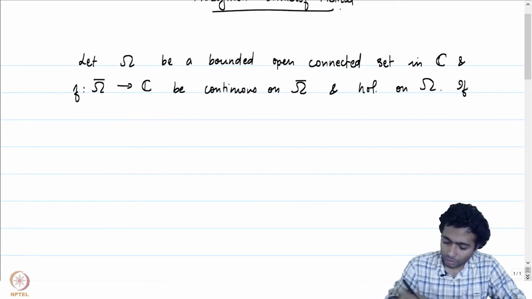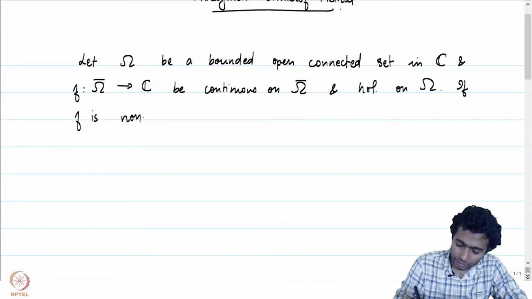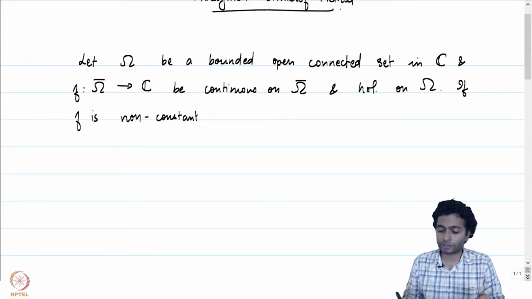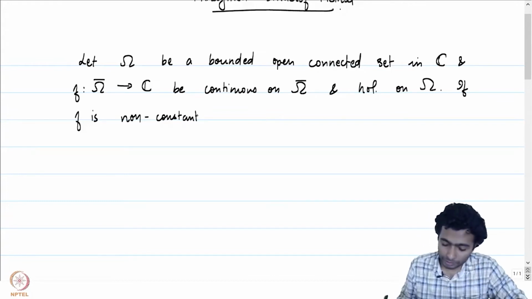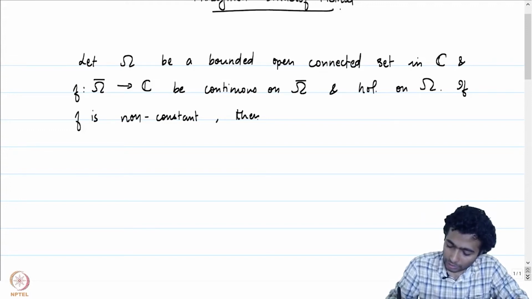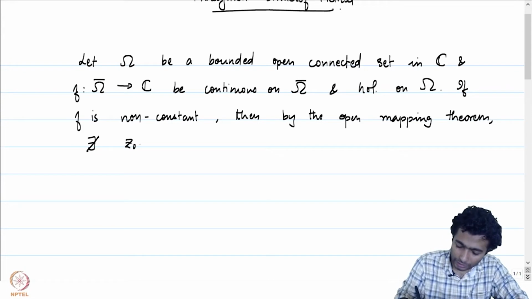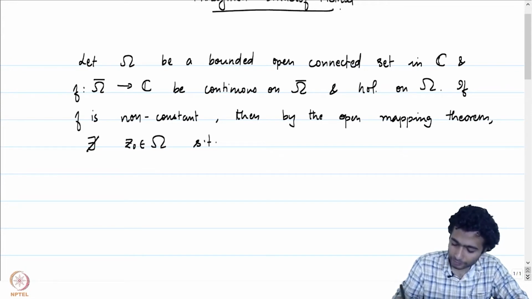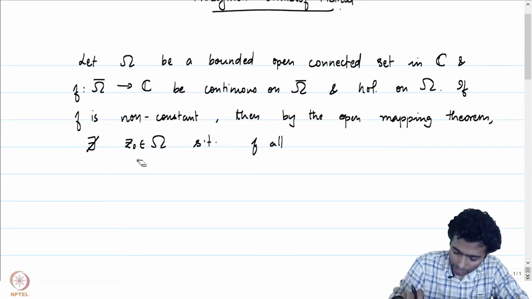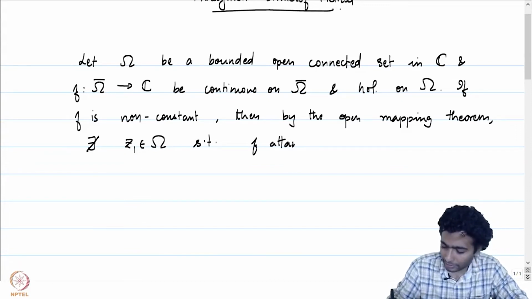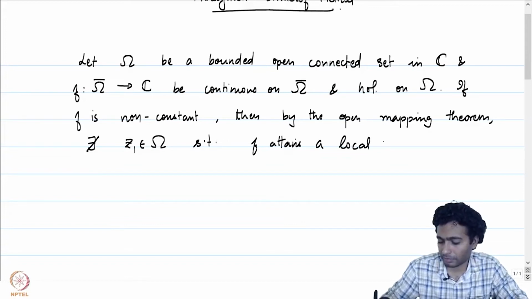Now, suppose f is not a constant function. Then f being a holomorphic function on omega, the open mapping theorem tells us that there does not exist z1 in omega such that |f| attains a local maximum at z1.